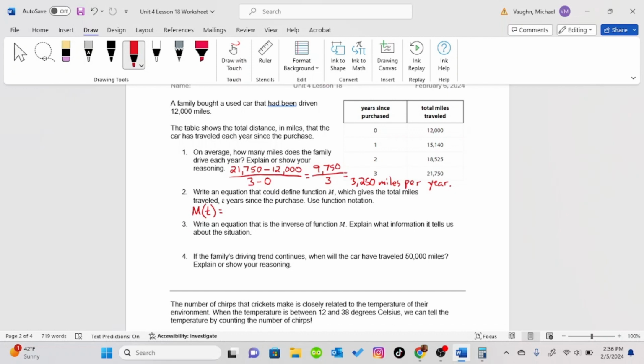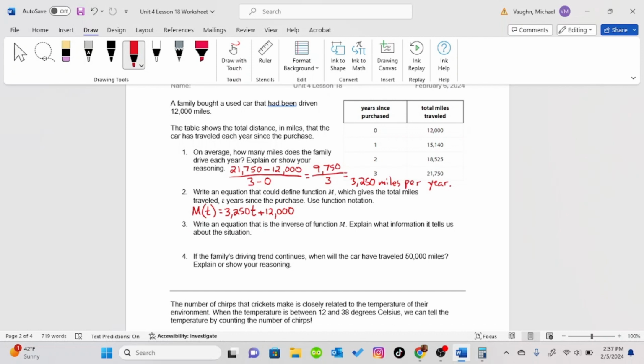And we can write this in slope-intercept form. We just found our slope, which is 3,250 miles per year times t, the number of years. And the y-intercept would be the total miles at time of purchase, which is 12,000. So this would be the function notation.